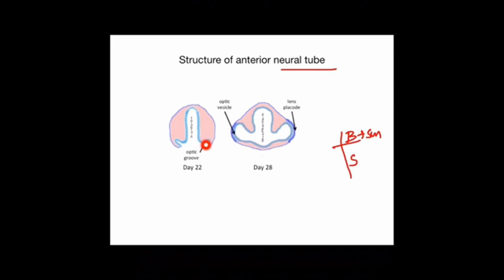This neural tube has a pair of optic grooves or neural grooves on lateral side, and these lateral structures grow towards outside and will form optic vesicles. The development of eye starts on 22nd day and it continues up to 8th week of embryo development.